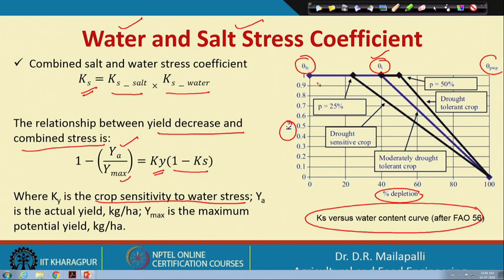The stress is almost constant, Ks is 1, up to this depletion level, but after that the plant, a moderately drought tolerant crop, is going to show the effect of the stress. Similarly, there are other classifications of crops, where the p values are given as 25% and 50%, and something like 40% in between.